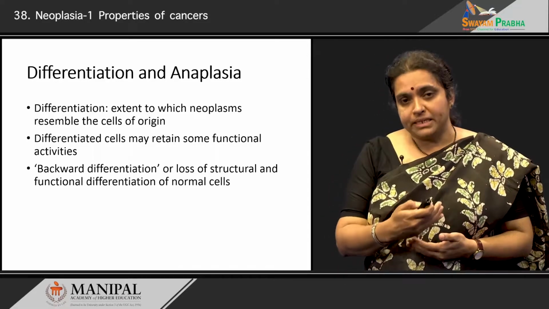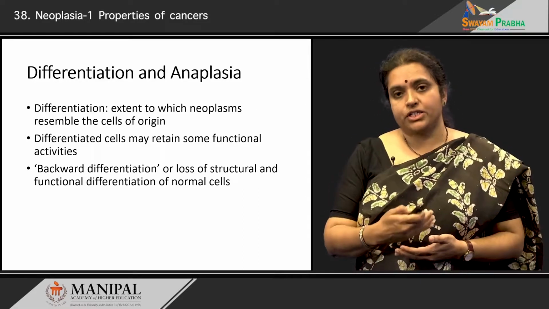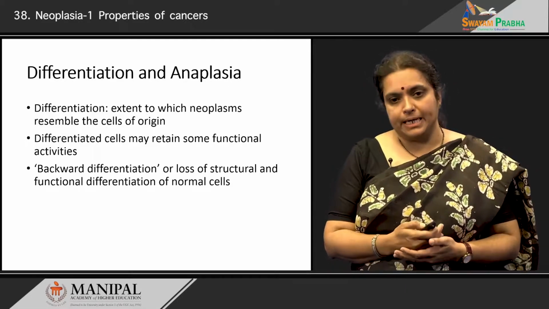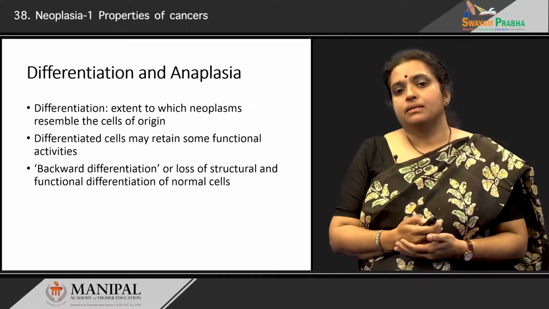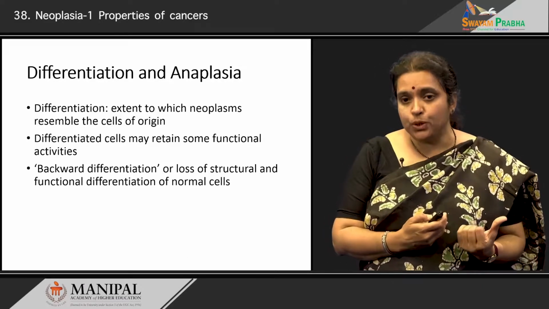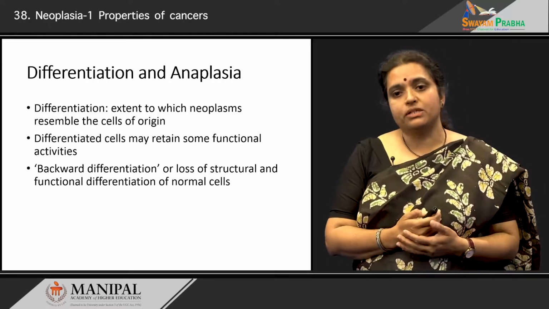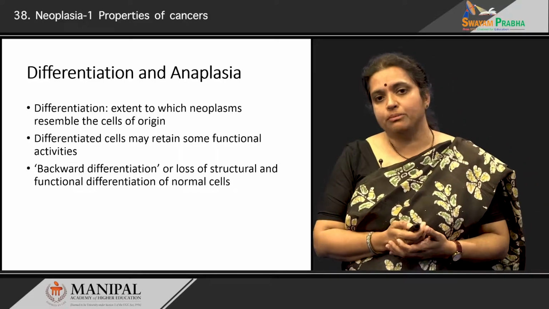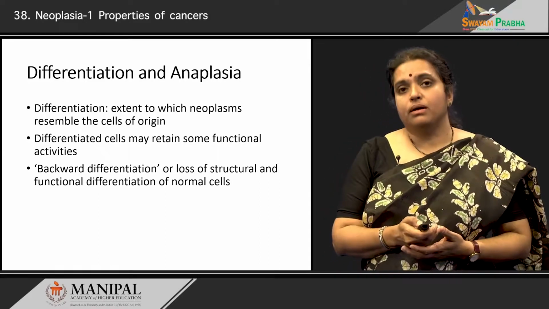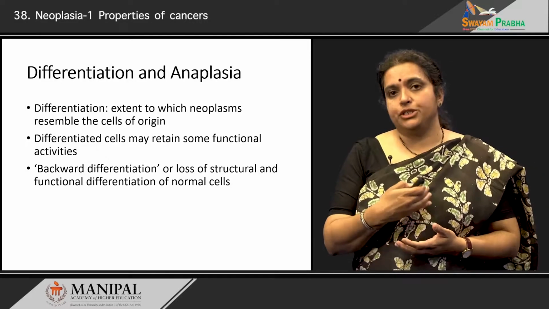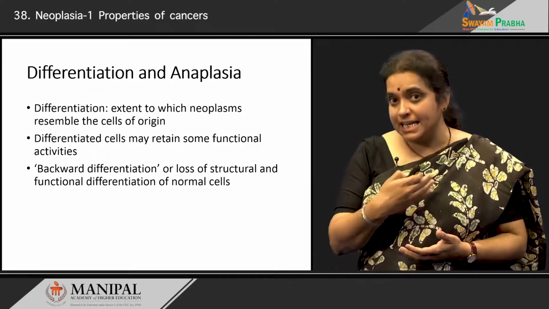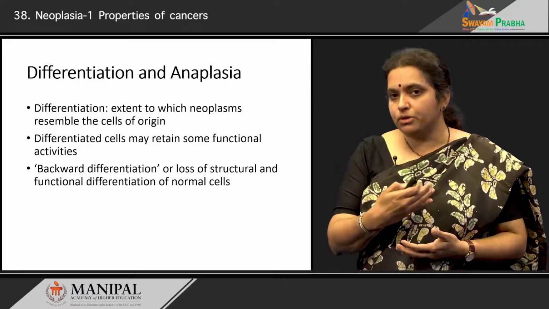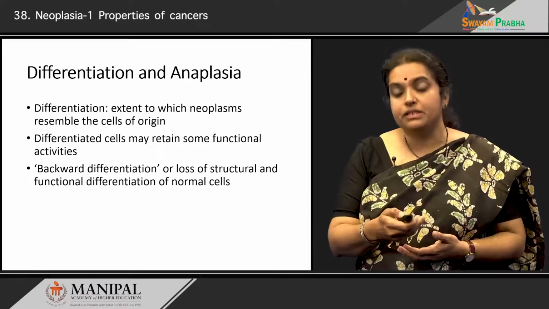So, the better the differentiation, it may retain the functional activities of the cell. Sometimes it can differentiate backwards, which means it loses all the structural and functional differentiation of normal cells. So, the more malignant the tumor is, it will be less differentiated, and it will also tend towards backward differentiation.